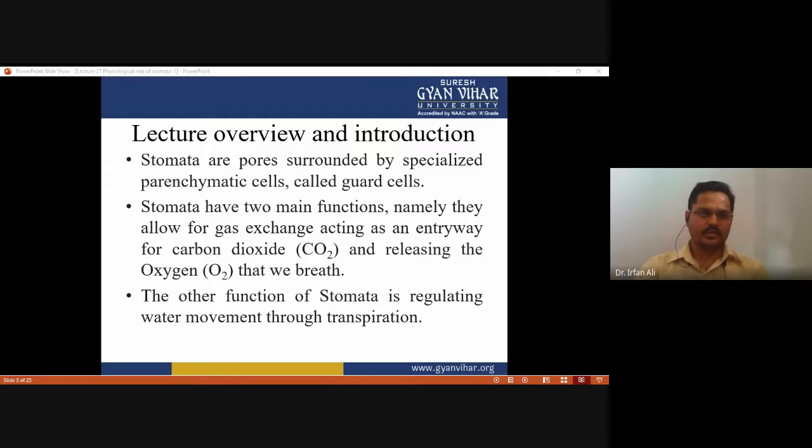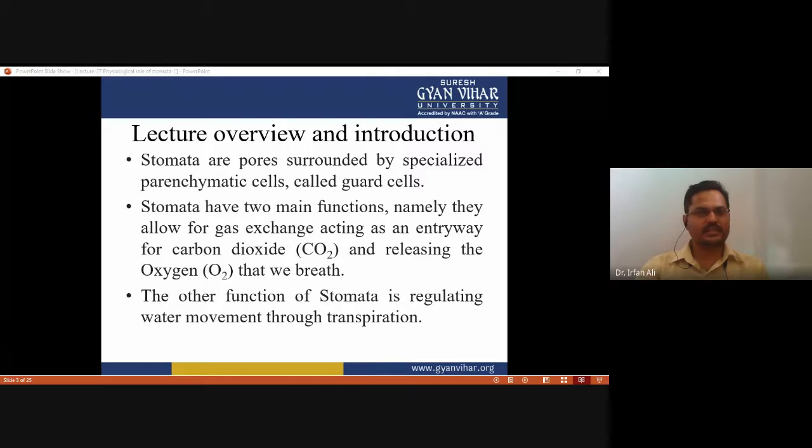First of all, we need to know about the physiological significance of stomata. Stomata generally are the pores that are surrounded by specialized parenchymatic cells, which are called guard cells.